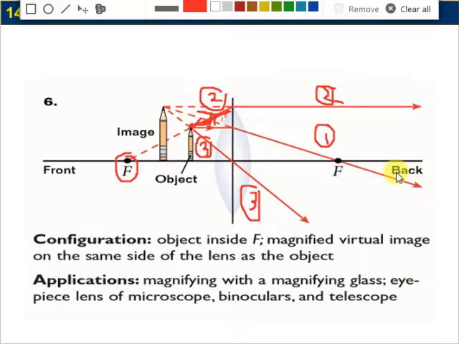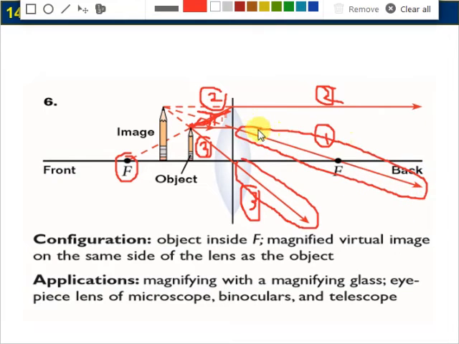So they are not able to meet. So what to do in this case? In this case, we extend them backwards. See the dashed line here, it represents the apparent path of these rays. So these are the actual rays, the actual refracted rays.